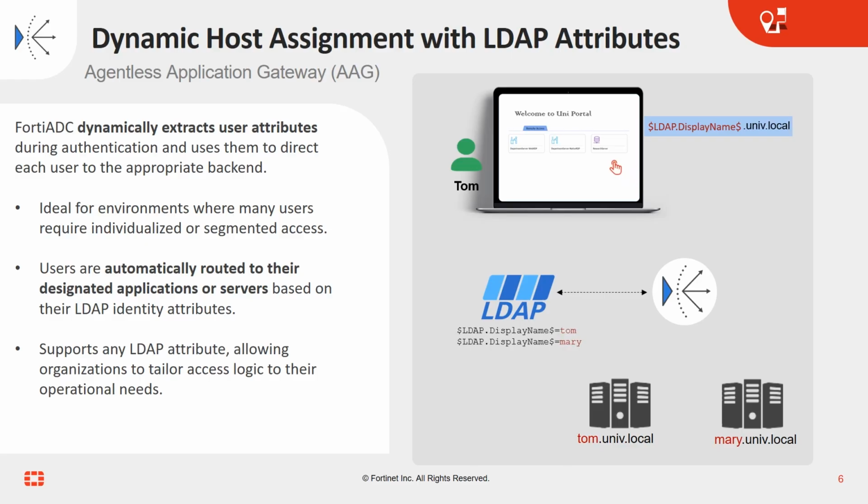When Tom clicks the application, FortiADC substitutes this value into the host address and connects him to the backend server, Tom.University.local. When the user Mary clicks the bookmark, AAG performs the same substitution of the LDAP variable value into the host address and connects her to the backend server, Mary.University.local.